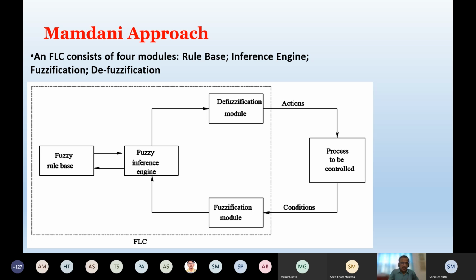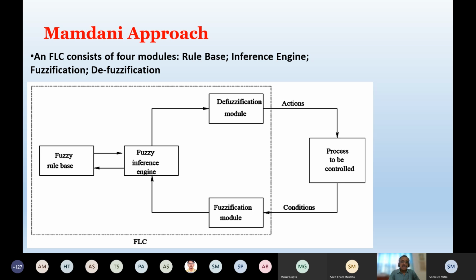For example, the output for the fired rules which you get is in the form of some geometry, might be a truncated triangle, a trapezium, or a truncated Gaussian or bell-shaped distribution, something like this. So directly we cannot use it for controlling the angle of valve opening for the air conditioner.